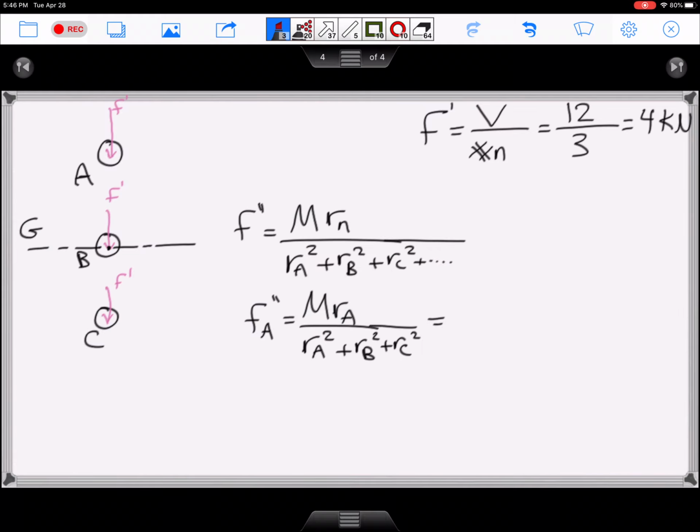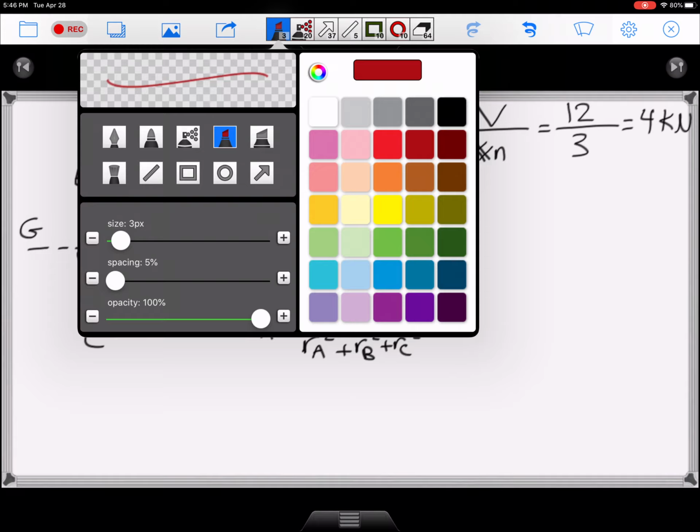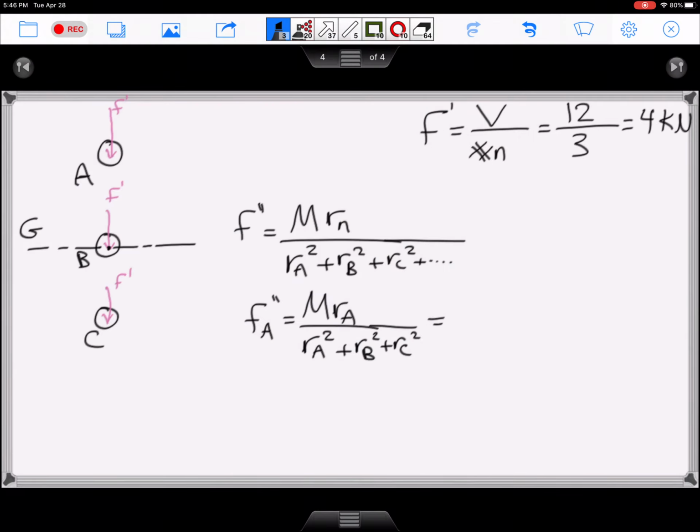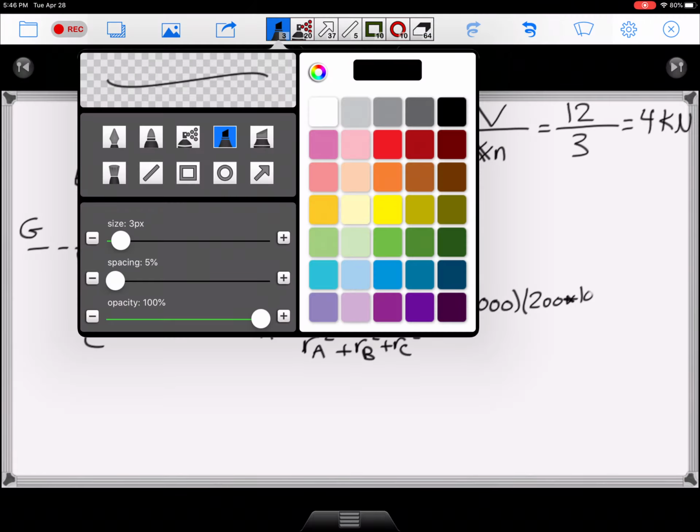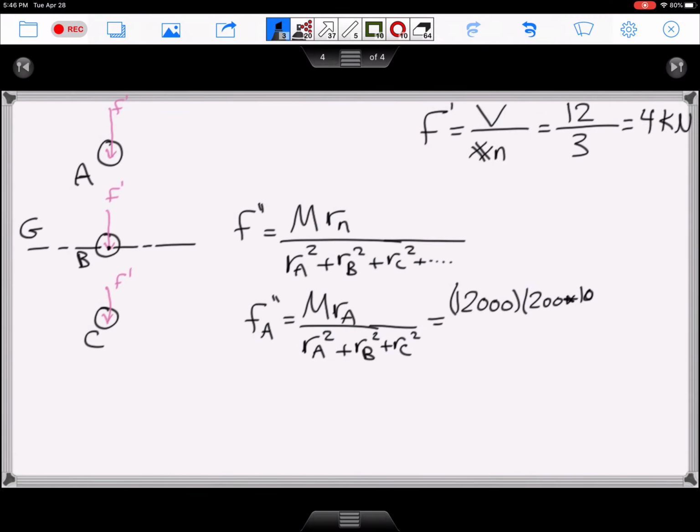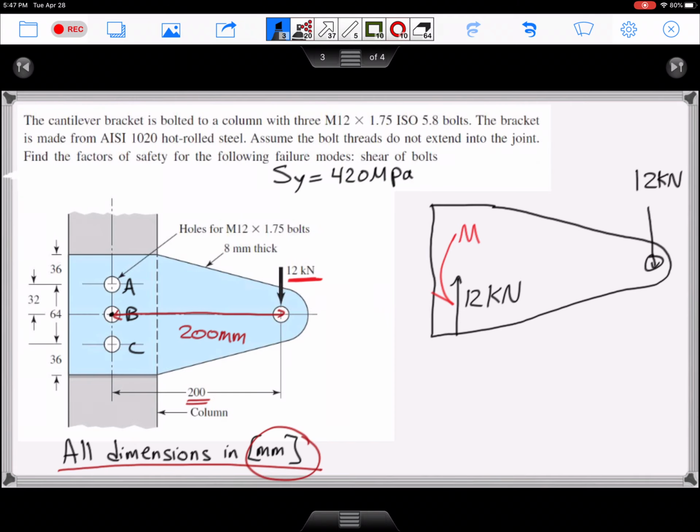So let's go back here. The moment is going to be 12,000 newtons times 200 times 10 to the negative 3, converting it to meters, times RA, which is the distance from the centroid G all the way to A. Let's go back, and this distance, according to the problem, is 32 millimeters.